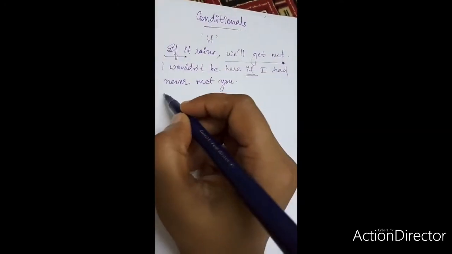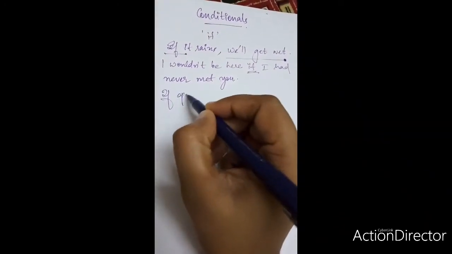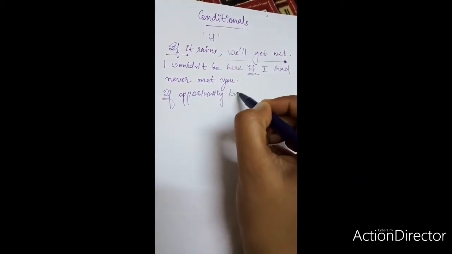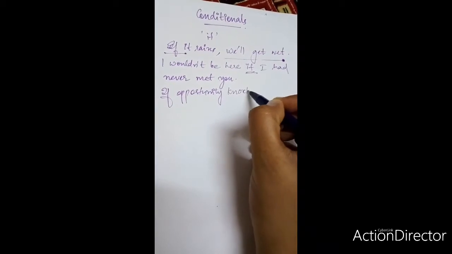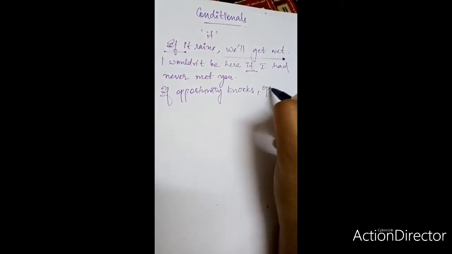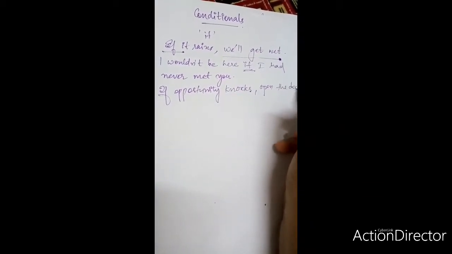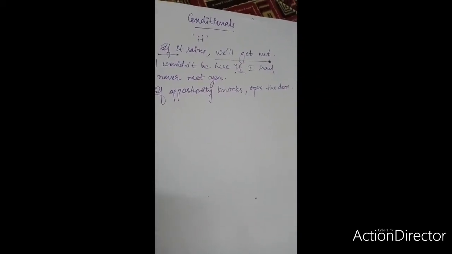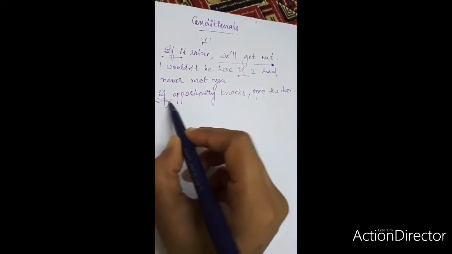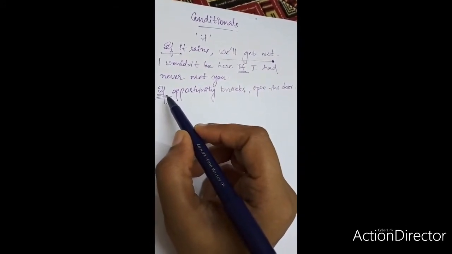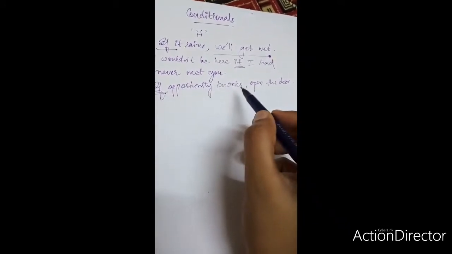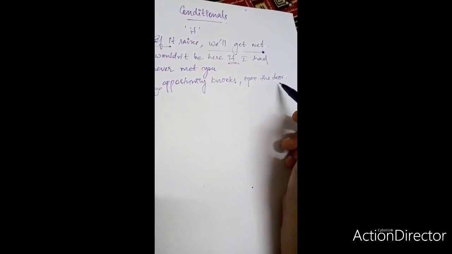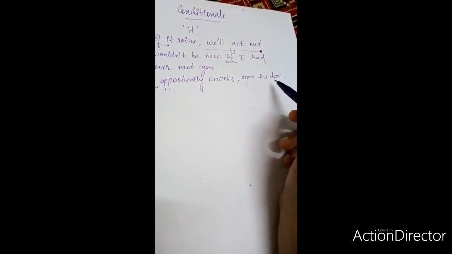Another example. So if opportunity knocks, open the door. Here, the sentence is starting with if, which is the possible situation, if opportunity knocks. Open the door is the second part which describes the consequence. Hope it's clear.